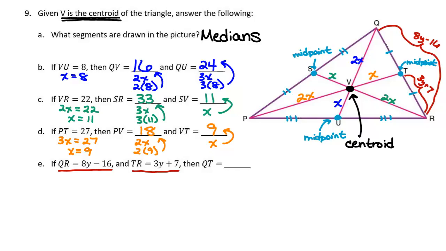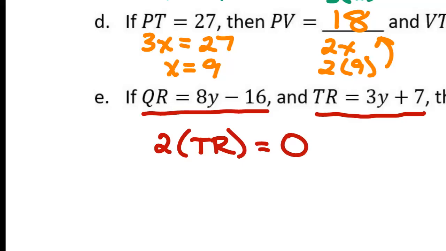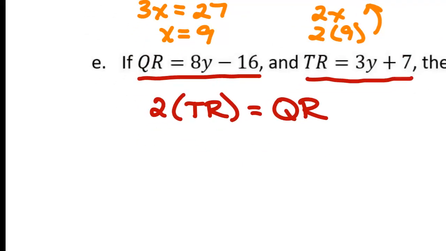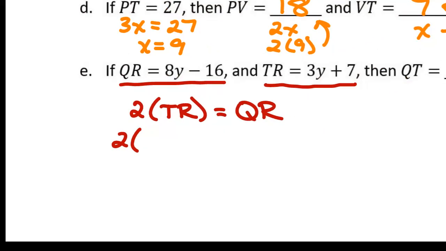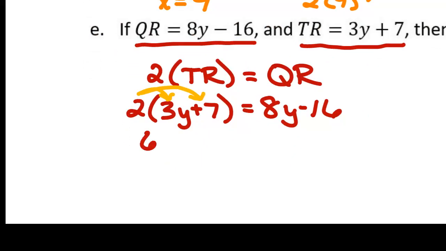So if I double the length of TR, then I'm going to get QR. So we're going to do 2 times 3Y plus 7 equals 8Y minus 16. And then we're going to distribute this 2 inside the parentheses. 2 times 3Y gives me 6Y. 2 times 7 gives me 14.